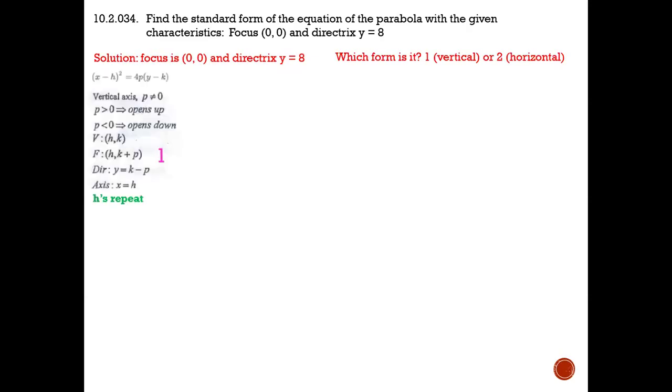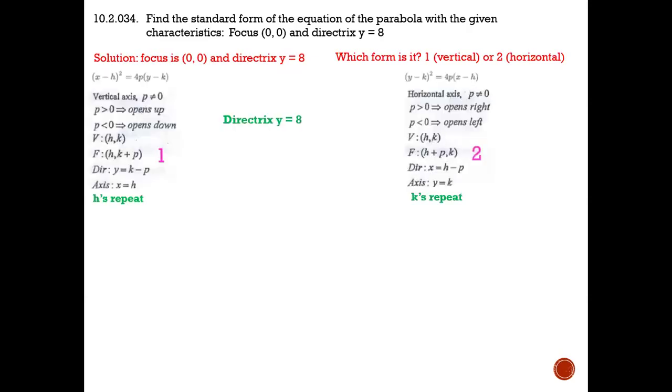All right, let's look at this next problem. It says find the standard form of the equation of the parabola with the given characteristics: focus at (0, 0) and directrix at y equals 8. Again, we want to find out which is the correct formula we need to follow. Is it 1 or 2?